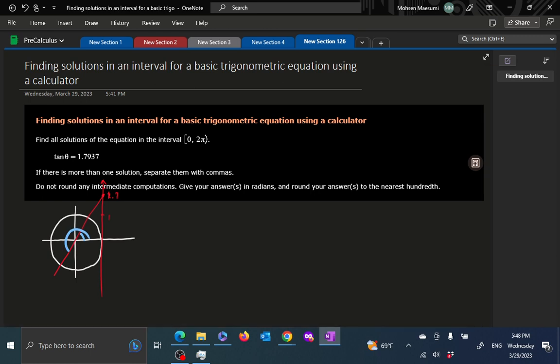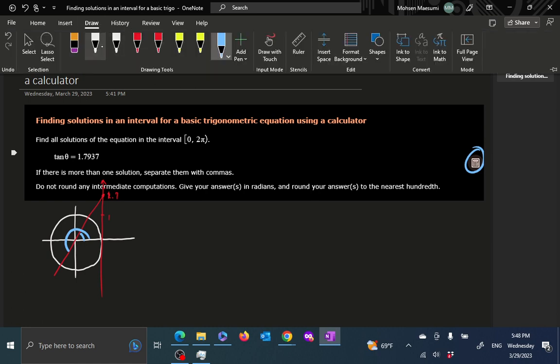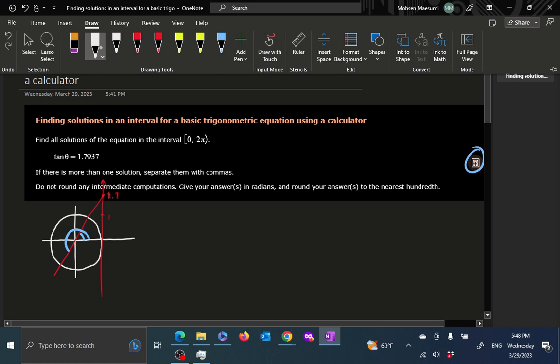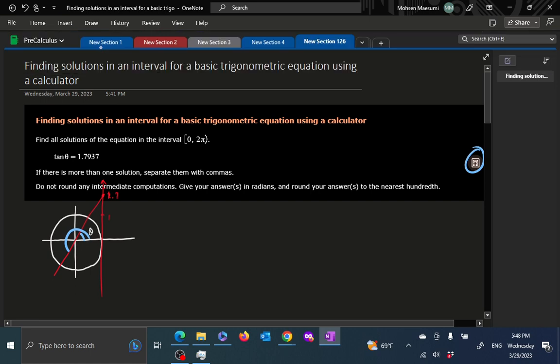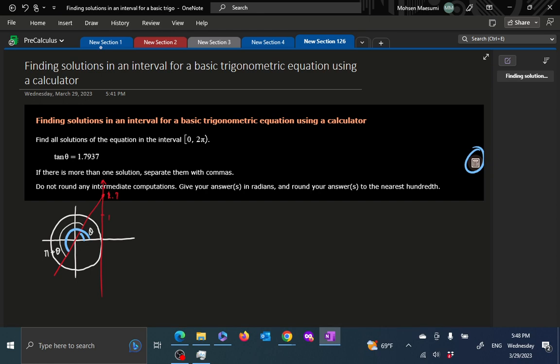Okay, calculator. When you use a calculator, you only get one of these two answers and you have to reason your way to the other one. So let's do the reasoning first and then numbers later. If the smaller angle is theta, the bigger angle is going to be pi plus theta. Is that right? Because we have an additional pi to travel.